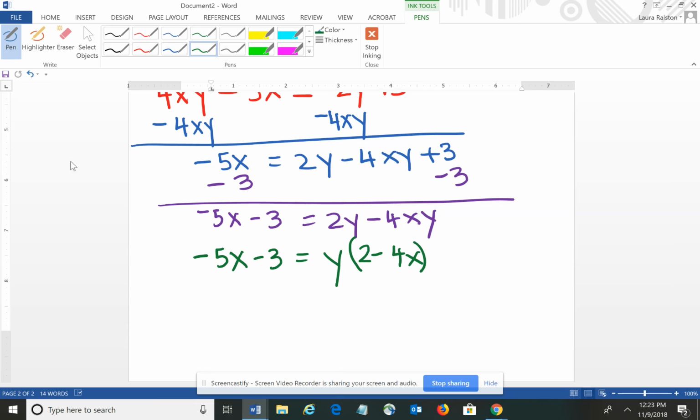All right, then I need to divide both sides by the 2 minus 4x to isolate the y.